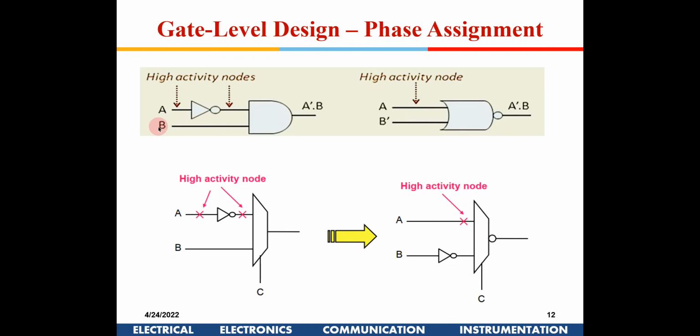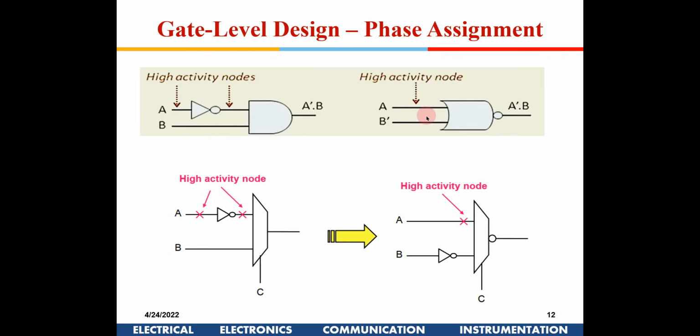And if B is high, then that switching will be seen here also, continuously making a change out here. Now if you try to reorganize this, if B is 0, then nothing happens here, but there will be switching here.